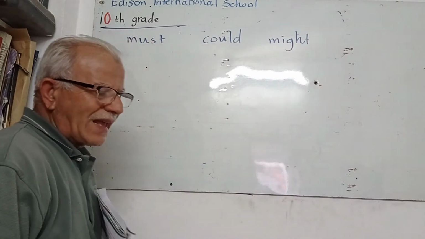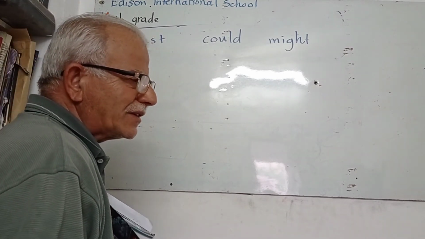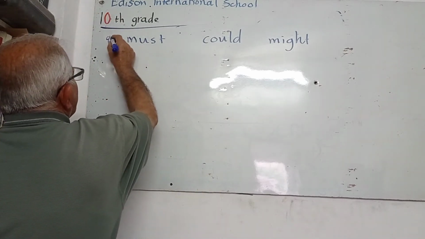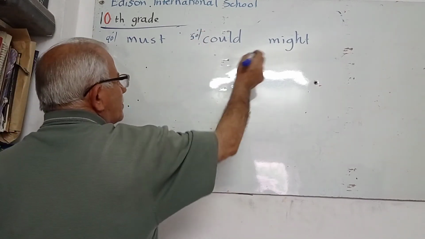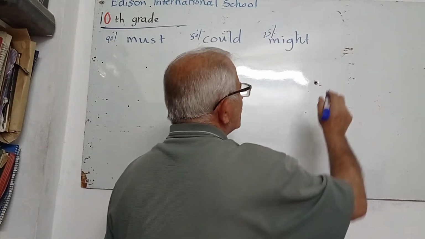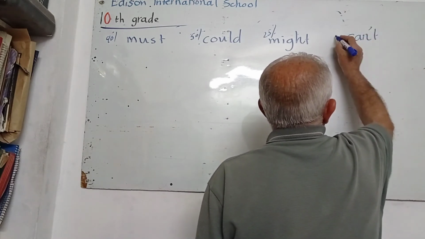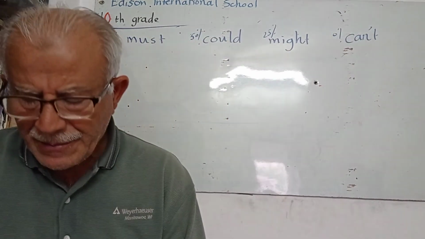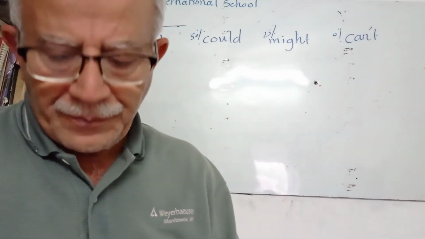Now I explained to you that must, we can give it more than 90%, and could about 50%, but might about 25%. But can't, 0%. For that, you can see how possible this action is to happen.